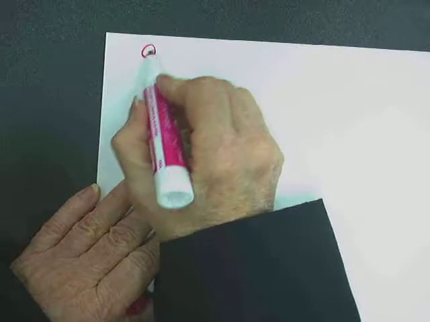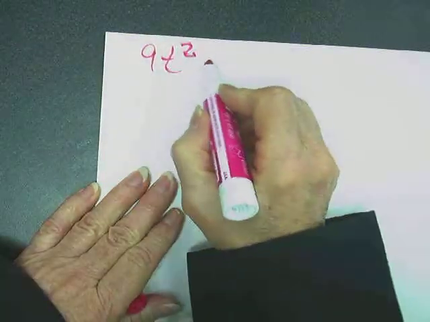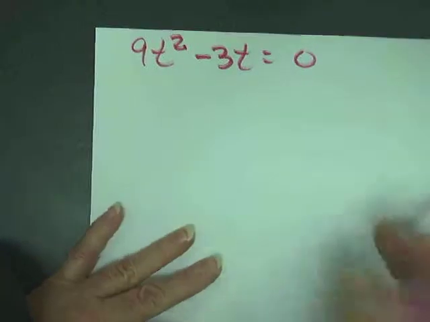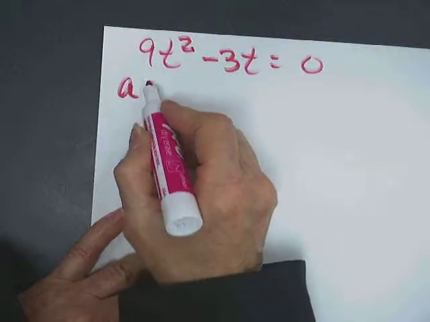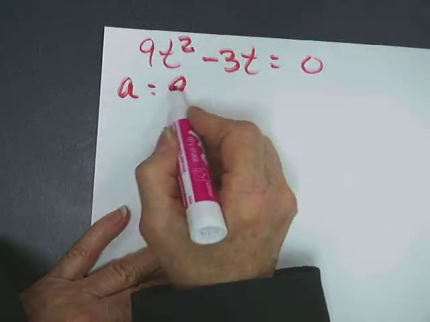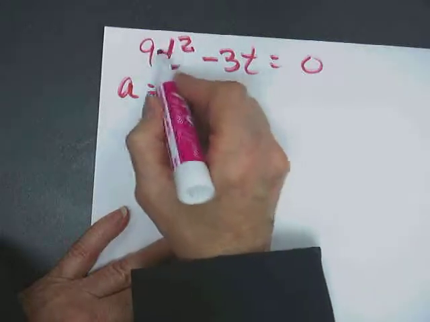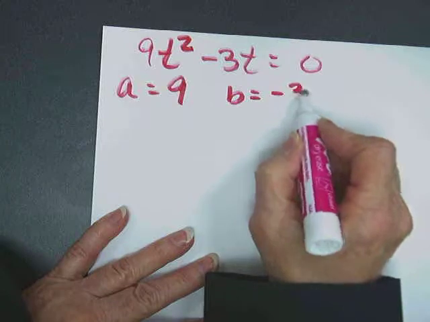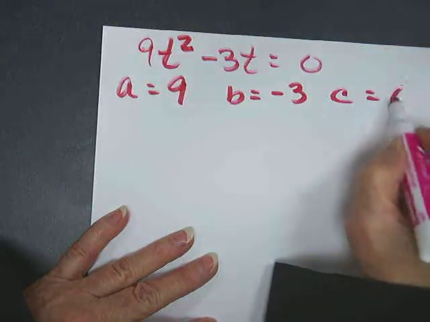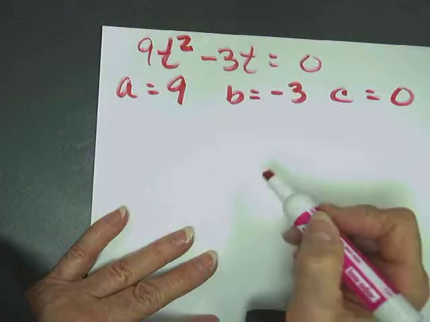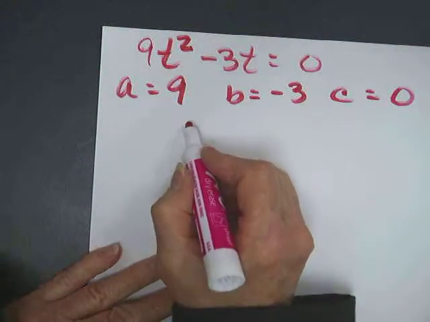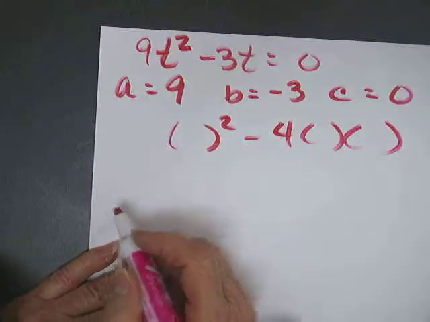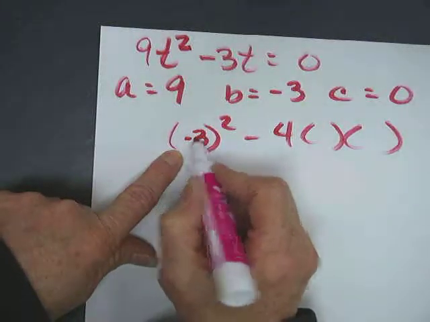Okay. Let's do 9t squared minus 3t equals 0. What's our a? 9, in front of the squared. Then b and c. Right, c is like plus 0 here.